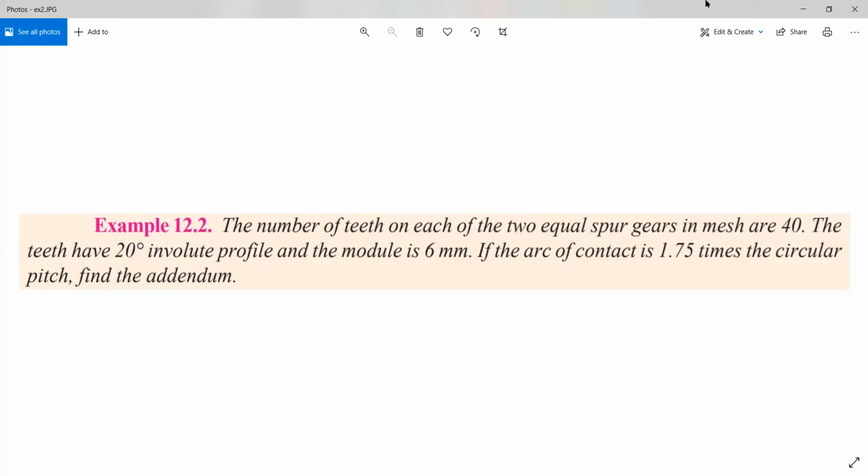So small t is equal to how much? 40. 40. And capital T? Third bench. Bench number 3.